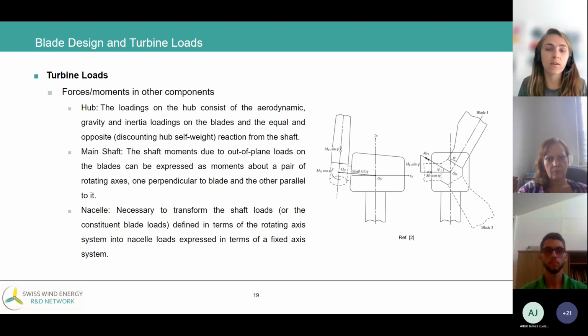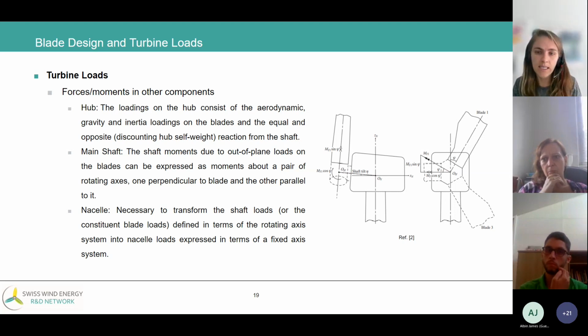So we have transformations of the forces into moments, and the forces will depend a lot on how you install your blades, what angles you install your shaft and your blades at, because you can tilt the blades a bit, you can tilt the shaft a bit, in order to avoid risks, for example, of the blade hitting the tower, or you turn your rotor a bit to compensate for the wind shear.